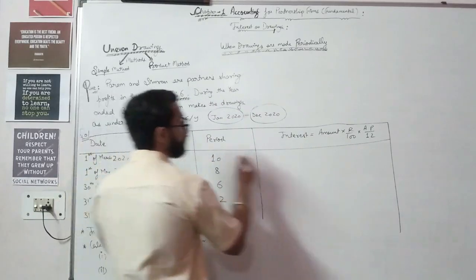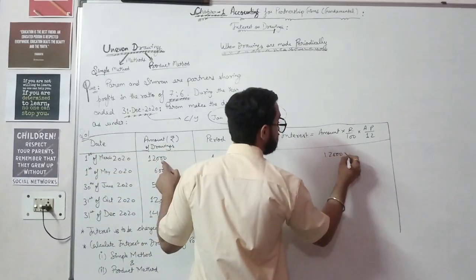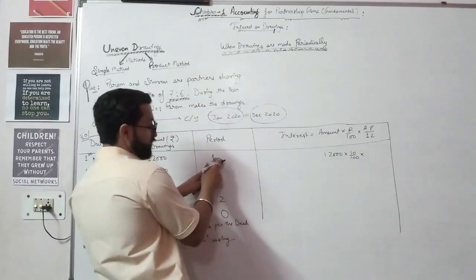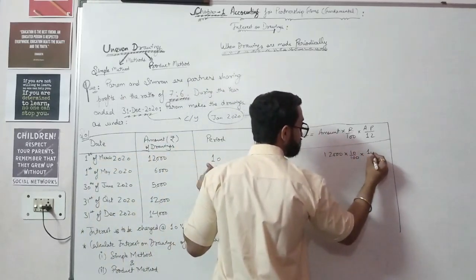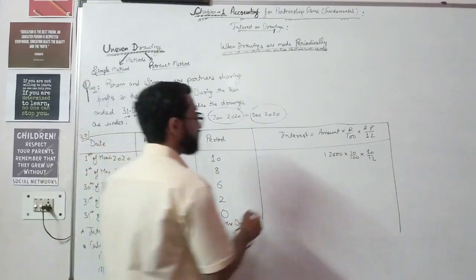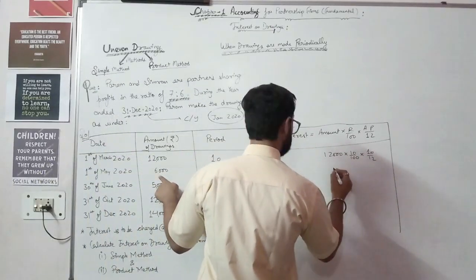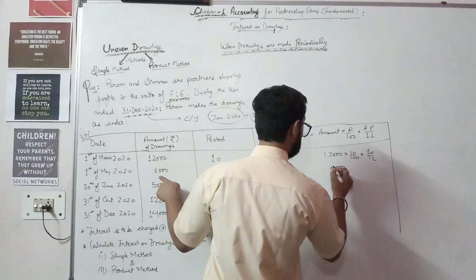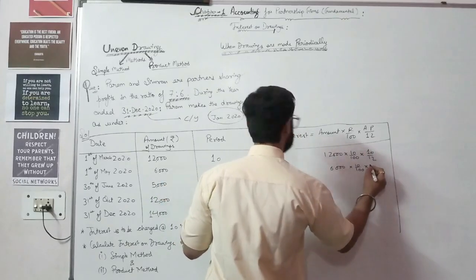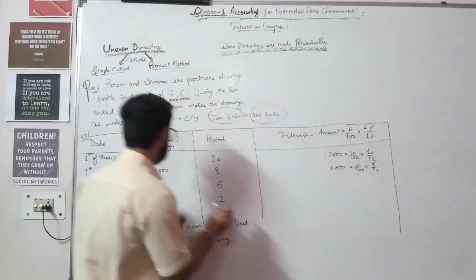Now, as simple. Amount. What is the amount? 12,000. What is the rate? 10%. What is the average period? 10 months. Now, second, 6,000 rupees is the amount. Rate is 10% and the average period is 8 by 12.